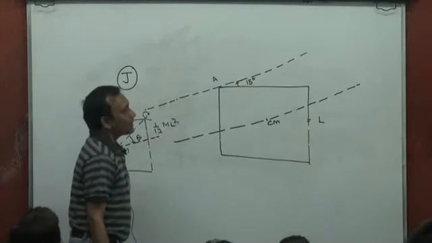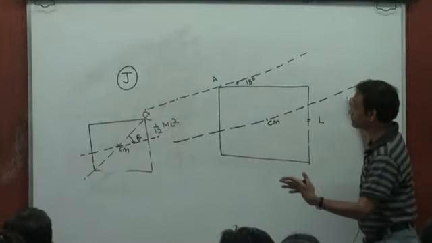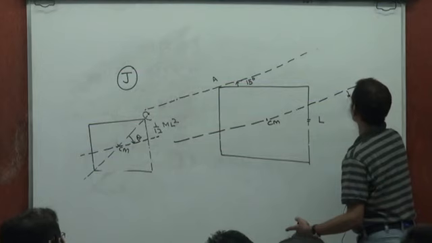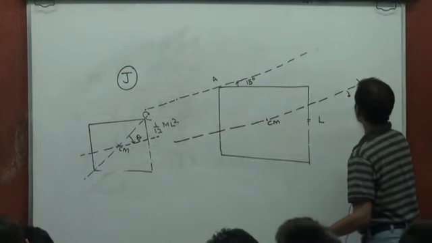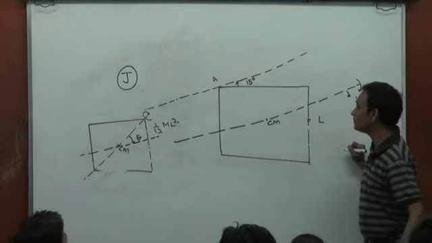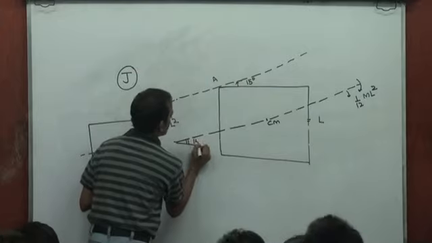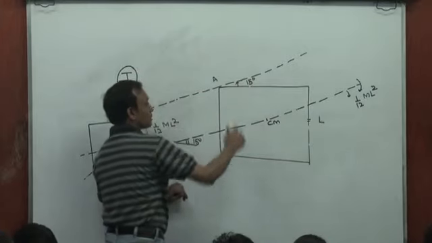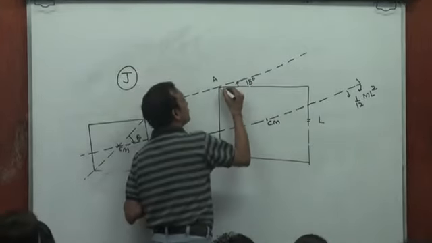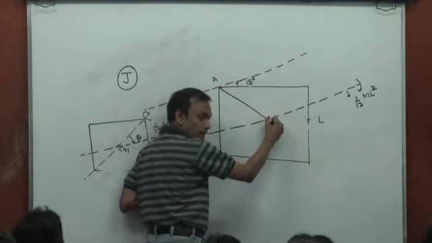Right? Now, the moment of inertia about this axis will be 1/12 ml square. Right? This axis, of course, makes an angle 15 degrees with the horizontal, and this distance would be half the diagonal.